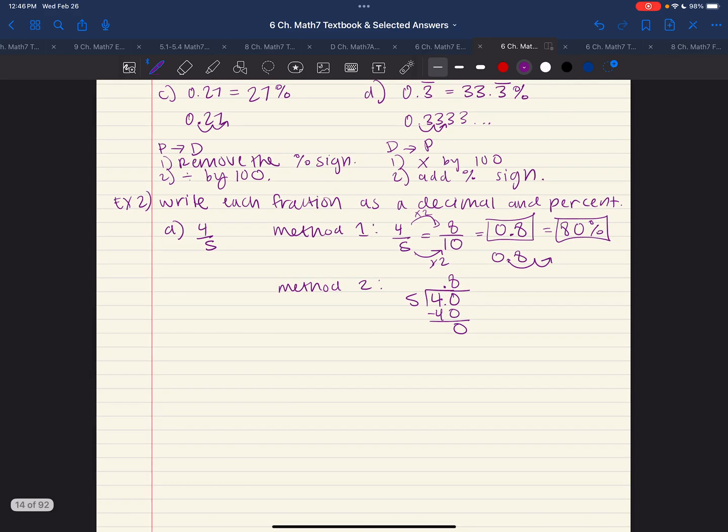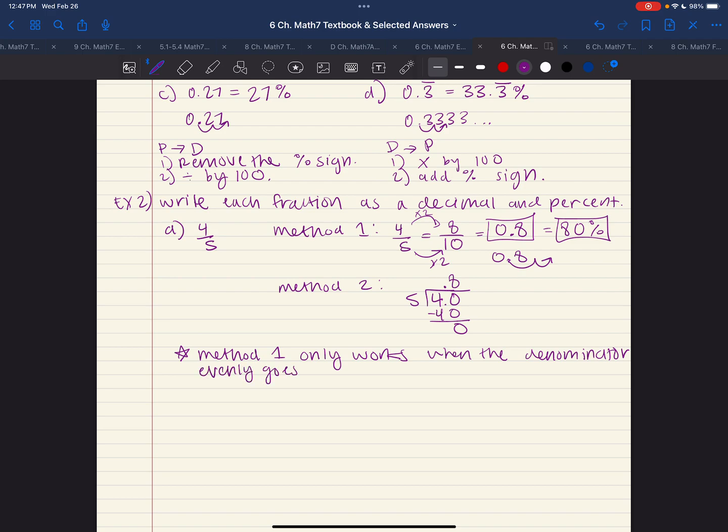All right, the last example. This is example B. Oh, one note though before we move on to example B. Method 1 only works when the denominator evenly goes into a power of 10.